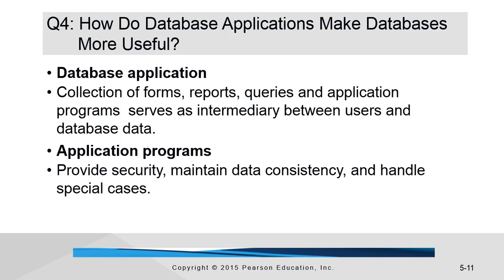And that database application essentially enables you to create a collection of forms, reports, queries, and other programs to serve as the interface between the user and the database data. Because most users are not going to be skilled enough to go directly into the database and manipulate data. So you're essentially going to write an interface with the database application that's going to do that for you.